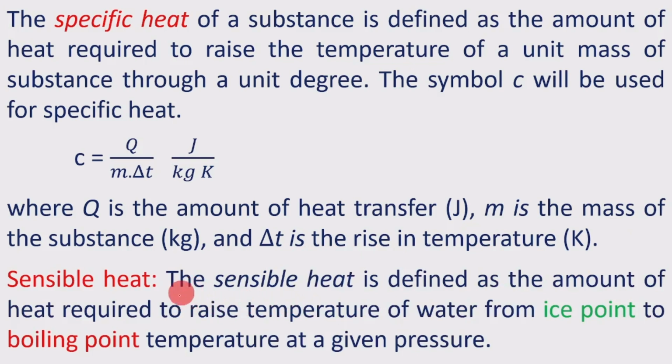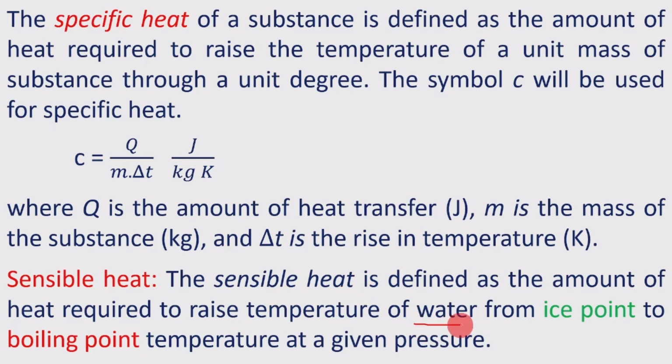The next type of heat is sensible heat. The sensible heat is defined as the amount of heat required to raise the temperature of water from ice point to boiling point temperature at a given pressure. Here, concerned with water, we have taken the sensible heat. It can be applied to any other fluids also.